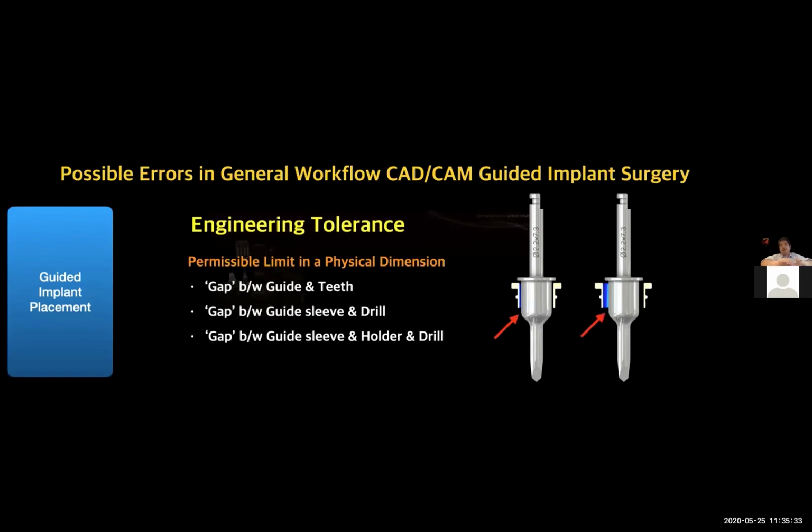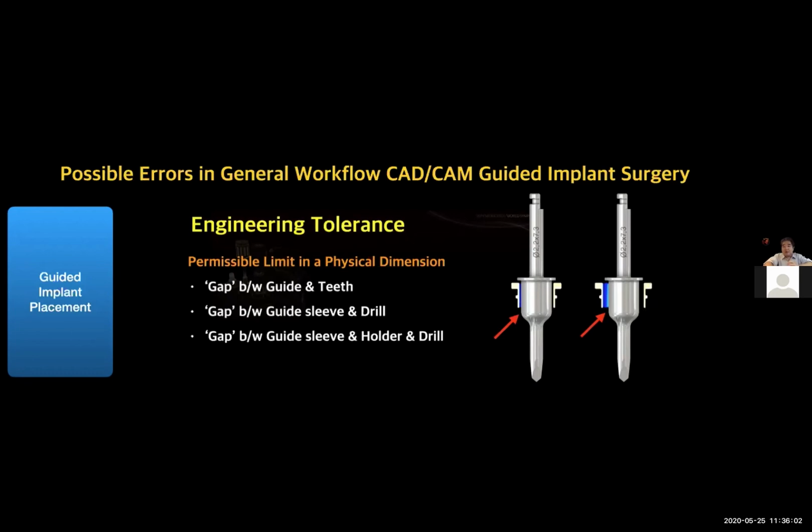Then you can say, hey, why can't we make a really small tolerance for every drill and every component? The problem is if the tolerance is too small, then intraorally when you place the drill, it is very difficult to get through because you have a very specific, very narrow window of the path of insertion. And also from the manufacturer's point of view, they have to have really high quality control.